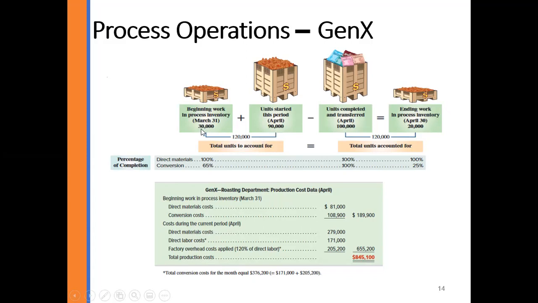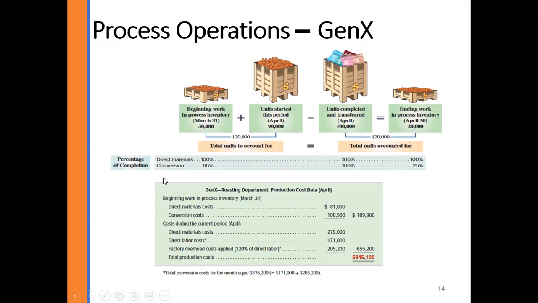So we had 30 to begin with, and then we started another 90. So we had a total of 120,000 units that we need to account for. And then of those 120,000, we transferred out 100,000 completed to finished goods. And so now we've got 20,000 ending work in process at the end of April.